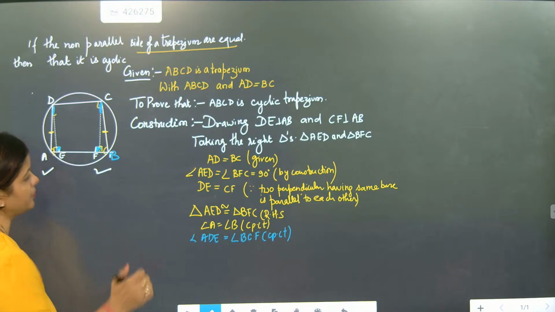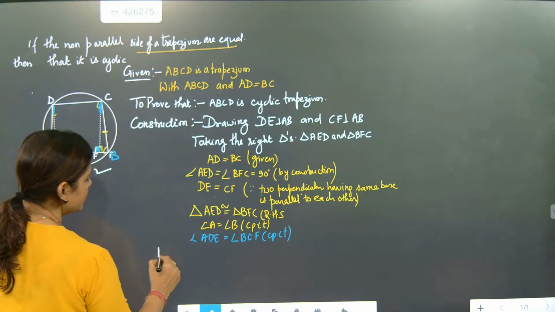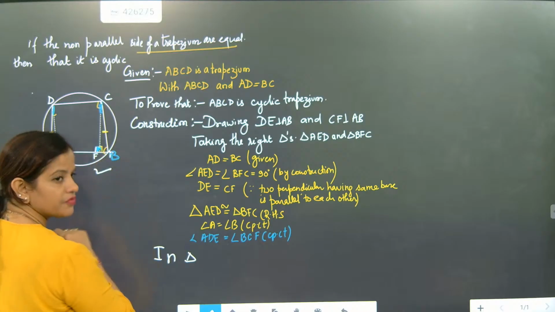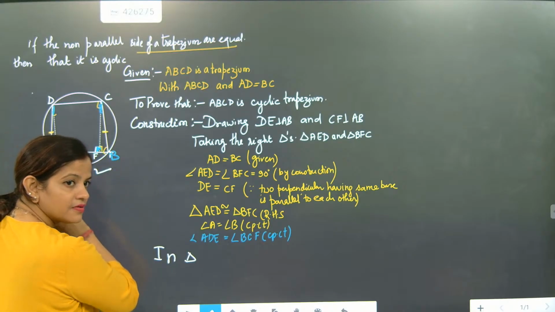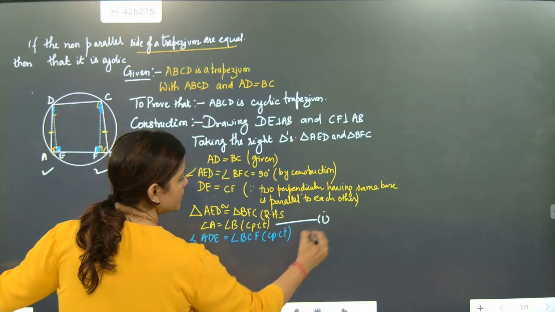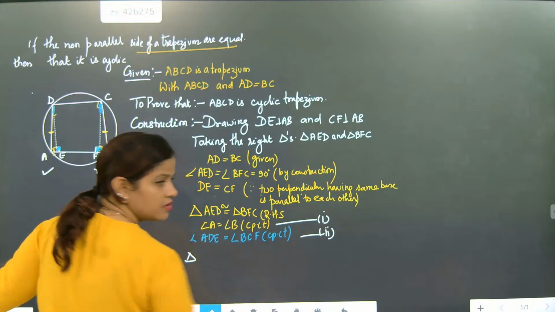I will say that in triangle BCF, what can I write? This I am taking as equation 1, this as equation 2.